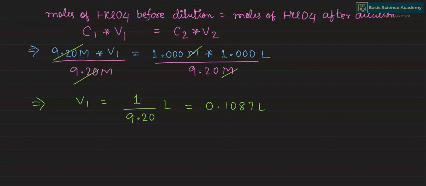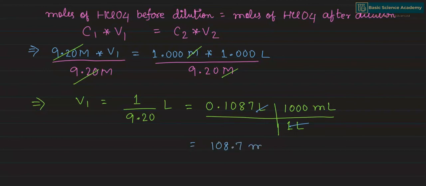So this is the volume of concentrated HClO4 solution that we need. Now we have to convert this into mL by using conversion factor. 1 liter is equal to 1000 mL. The 1 liter will cancel out to give 108.7 mL.